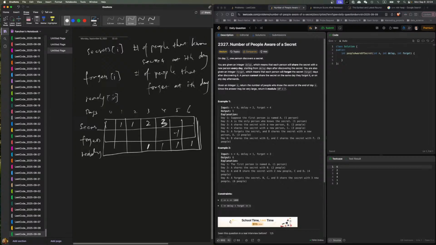So now we move on here, we have 2 people ready to share, so we need to plus 2, so we have 5 people ready, but we're -1, so actually we only have 4 people have the secrets, and those 2 will add 2, so 7, but it's outside, so we don't worry about it. And then finally we have 1, so actually we have 3, because we have 2 people ready, so we have 3 people who are able to do the share.